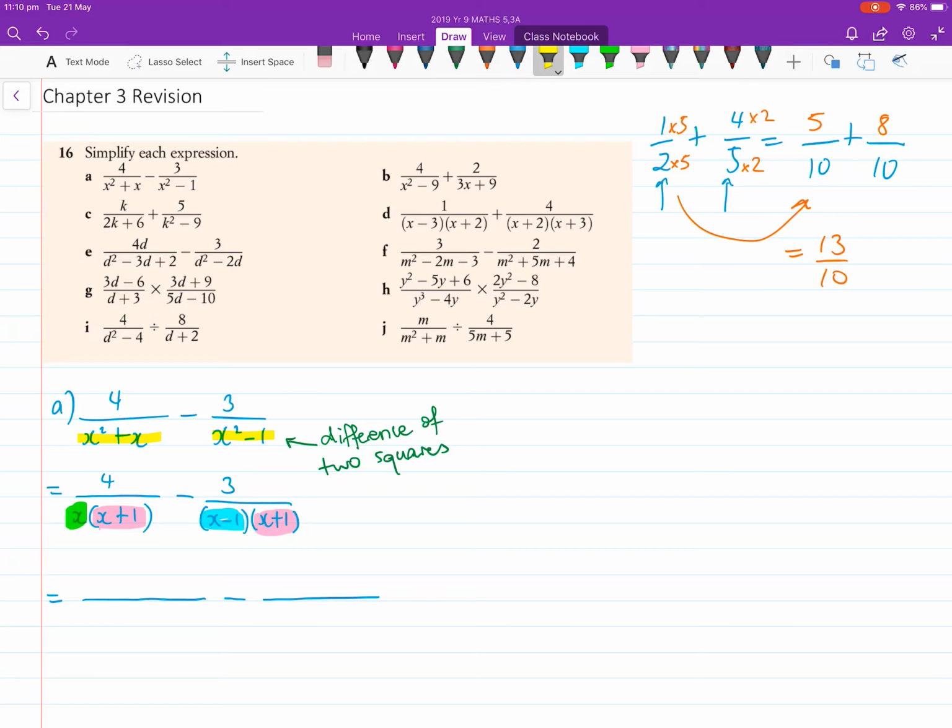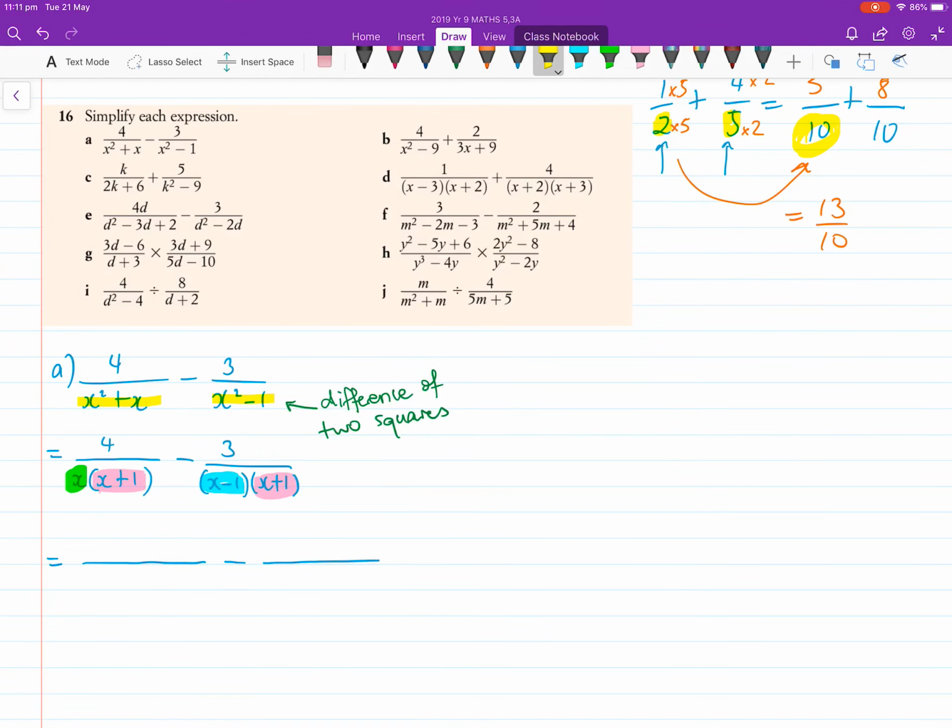Just like how over here we chose 10 because both 2 and 5 can go into 10. So I want something that all of this can go into, yeah? So that means I'll need a factor of x plus 1, and x minus 1. Yeah, I need one of everything for everything in those fractions.